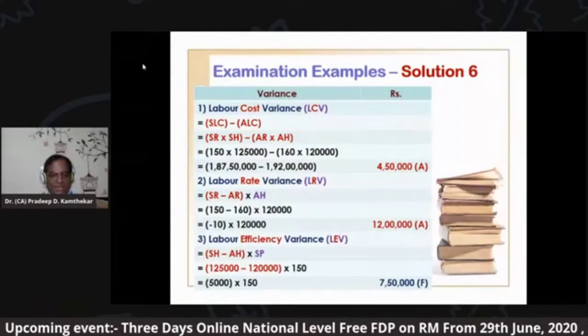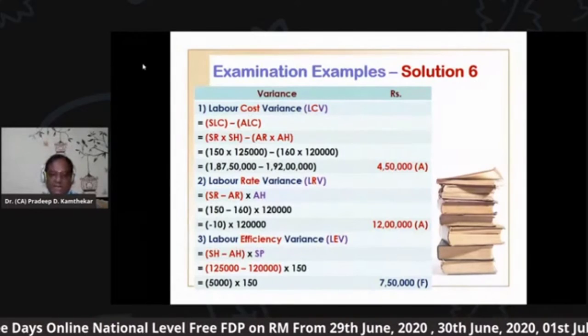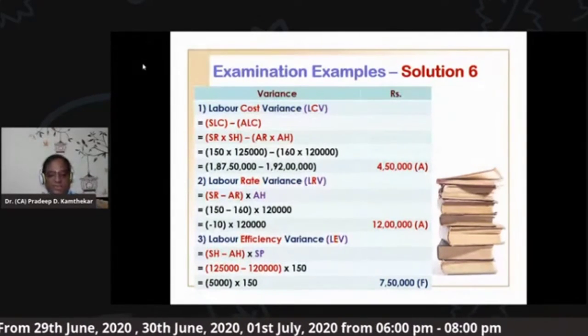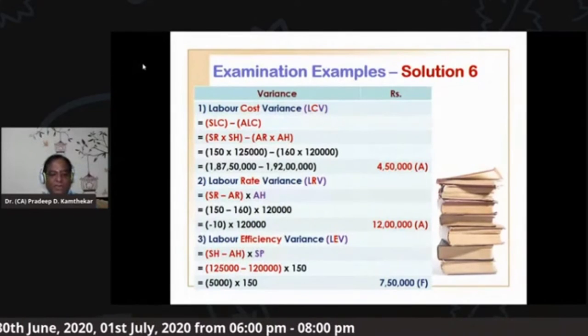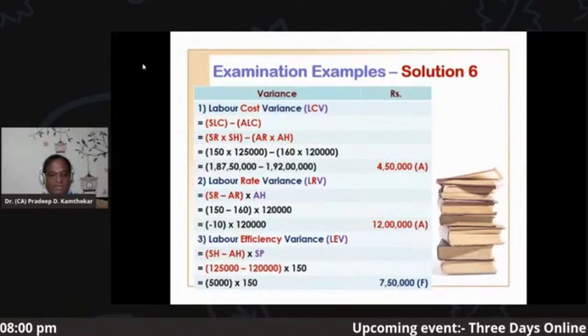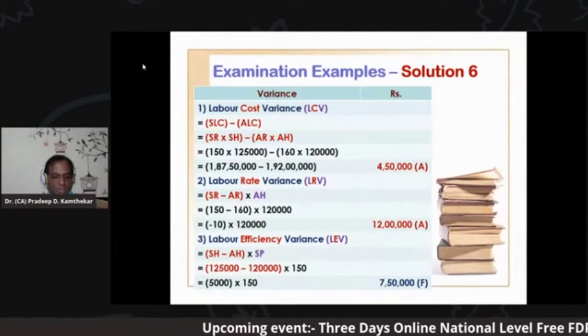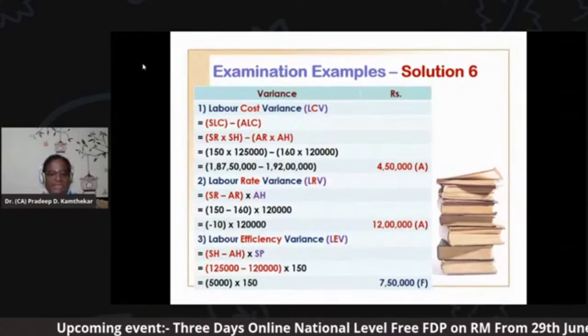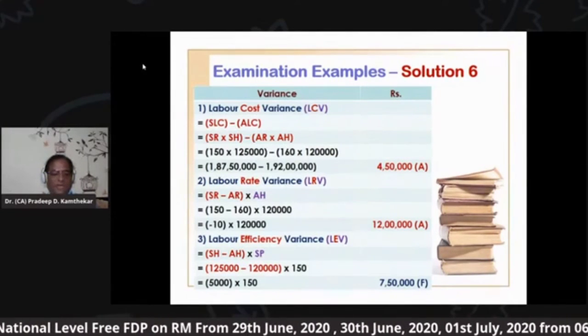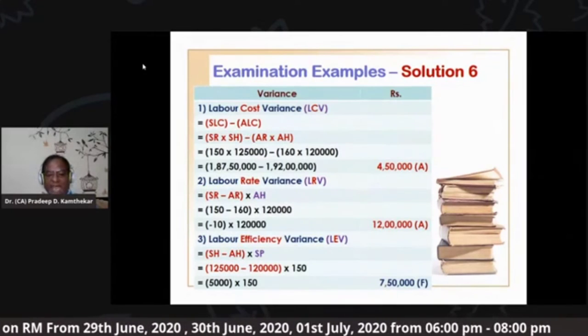Now, second, let us calculate labor rate variance. Again, this is the difference between standard rate and actual rate. So standard rate 150 minus actual rate 160. So it is negative 10 rupees into actual hours 1,20,000. So that variance is 12 lakhs negative. So we say that labor rate variance here is 12 lakhs adverse.